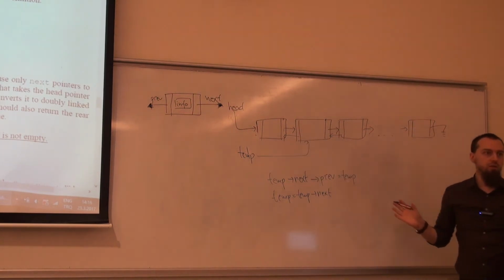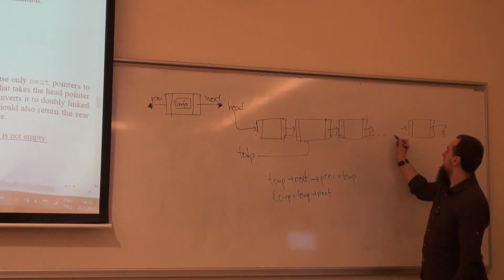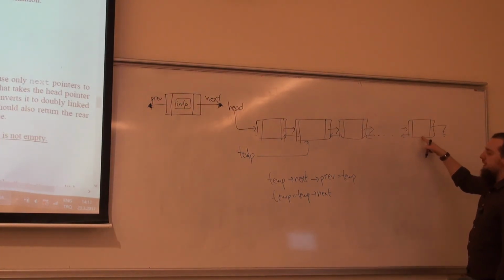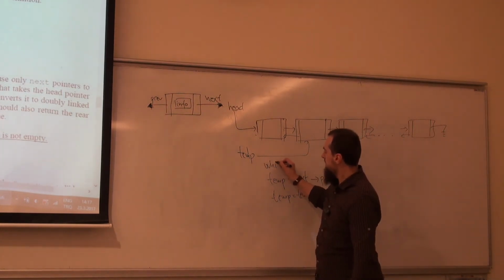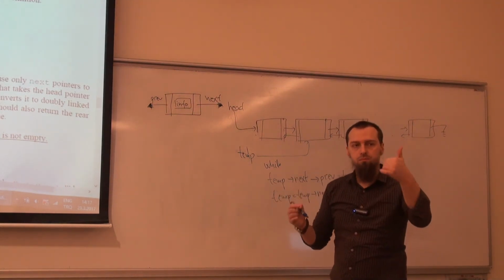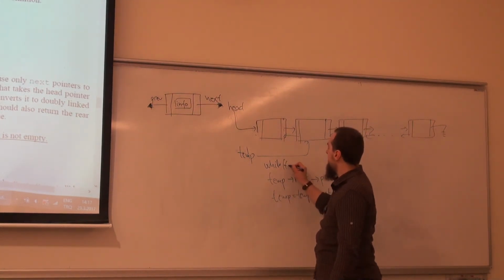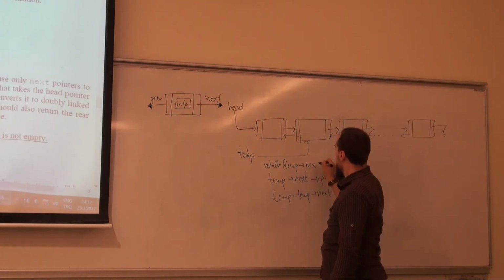Is everyone getting the logic or not? Okay. Also, this guy is set. This guy is set. And we should also check while. What? While? While temp next is not. Exactly. While temp next is not equal to null.